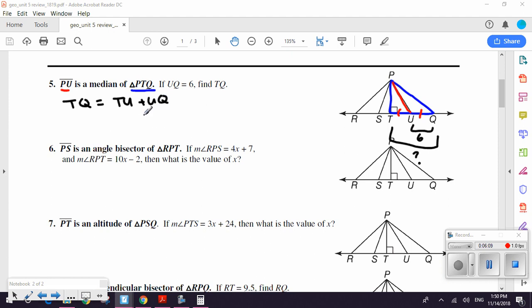And we know that U is the midpoint. So we could essentially say 2 times UQ is going to be TQ because it's the same distance on both sides of U. So in other words, 2 times 6 is TQ, so that means it is 12.